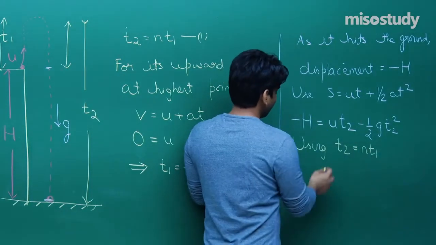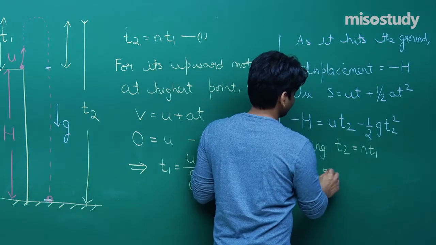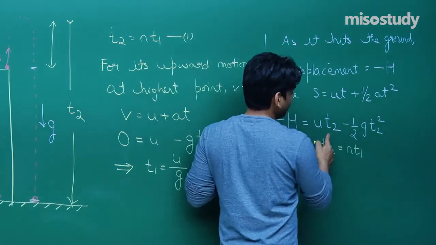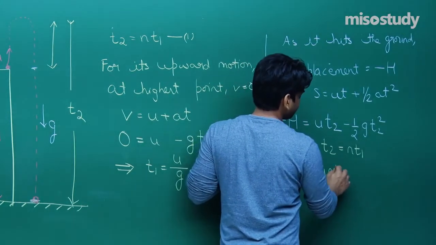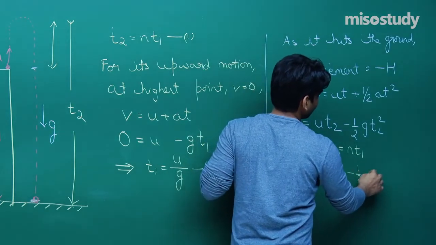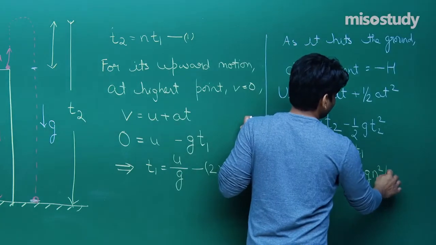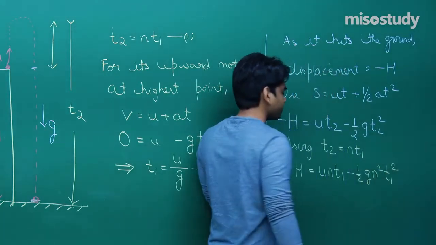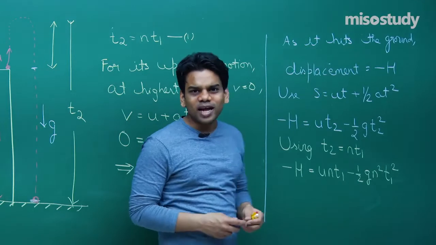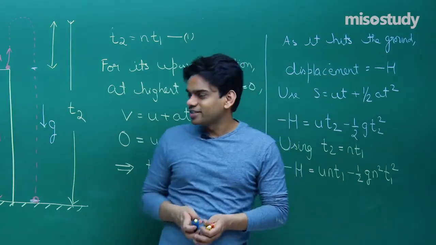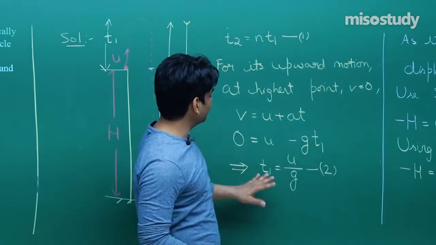See what we are going to get. We are going to get minus h is equal to u into, instead of t2 use n t1, minus half g, and t2 whole square will be n square t1 whole square. You can substitute the value of t1 that we have already evaluated. You can see here in this equation, t1 goes to u by g.